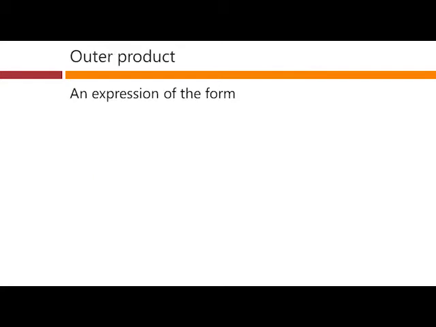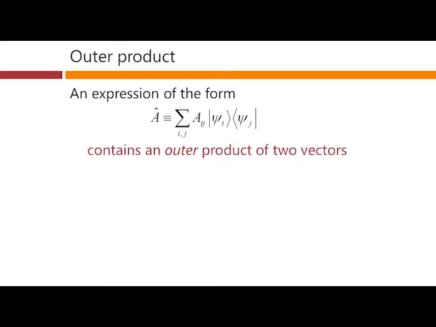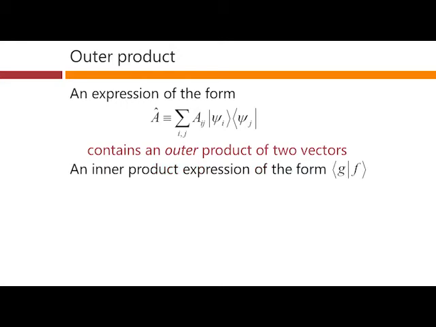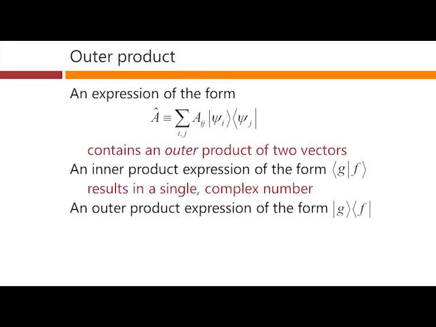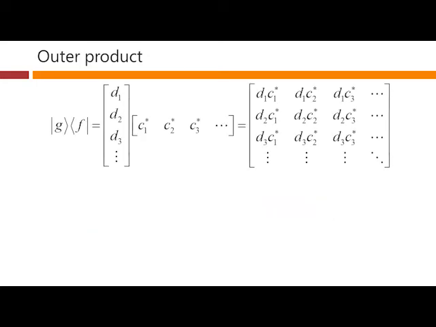Now, what we've been looking at here, an expression of this form with the bra and ket vectors the other way around from the inner product, this is an outer product of two vectors. An inner product of this form here returns a single complex number. An outer product expression of this form generates a matrix. So here's an example. Here's the outer product of these two vectors here.